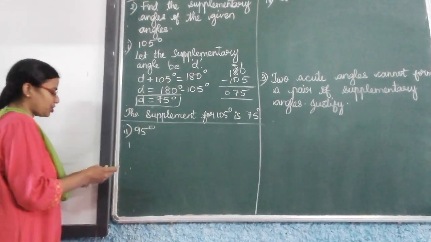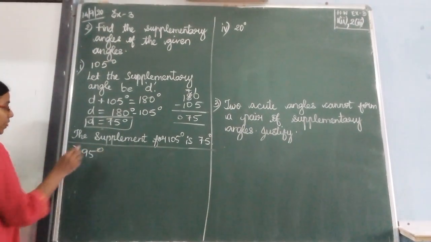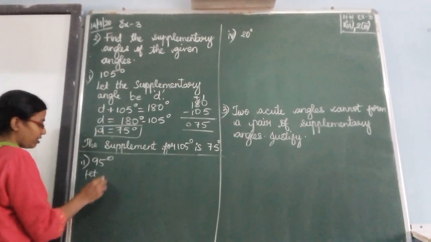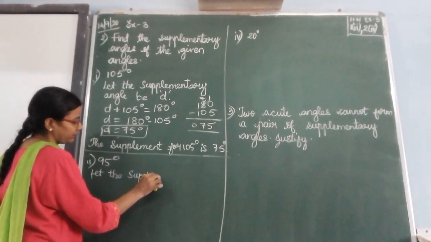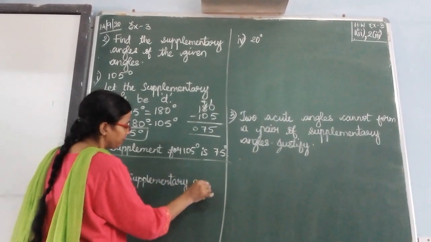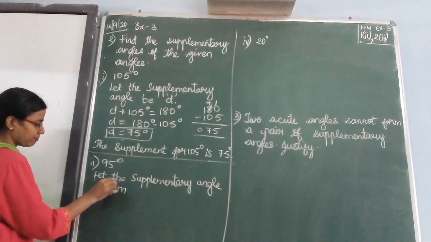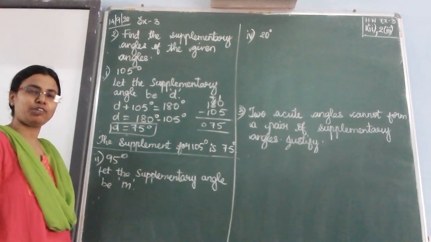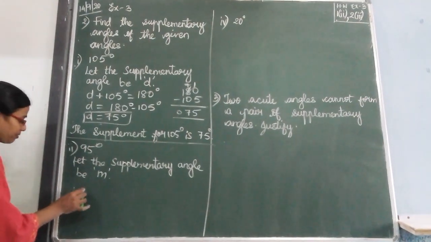First bit is finished. Second bit is 95 degrees. Now, same way, you already know this. Let the supplementary angle be, say, M. My name starts with an M, so I am taking M. You can take your letter, whichever letter your name is starting, you take that.